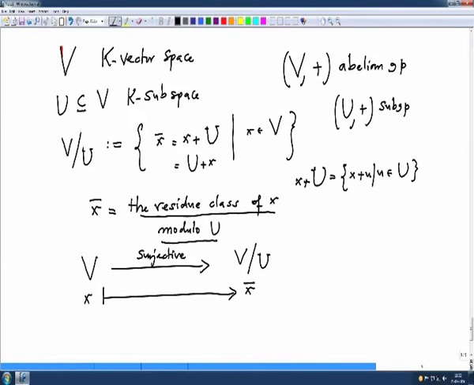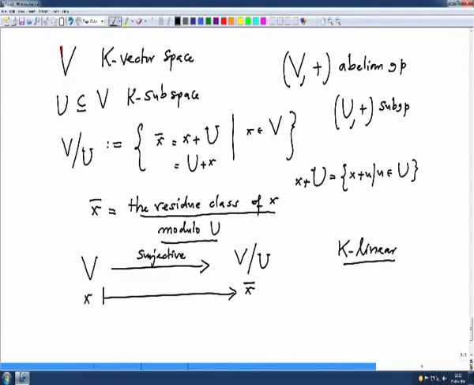The problem is I want to check now whether this map is K-linear, but before I check K-linearity, I need to ensure that there is an addition here and a scalar multiplication here, so that this becomes a vector space.